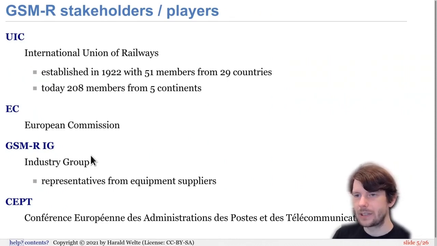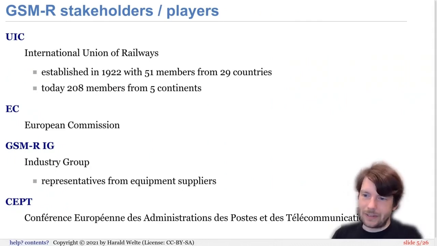We will see shortly. There's also a GSM-R IG, an industry group. So the UIC represents the railway operators, and the GSM-R IG represents the equipment suppliers. And then also we have SEPT, the body of European Postal and Telecommunications Administrations, that also played a role in GSM-R, at least initially.